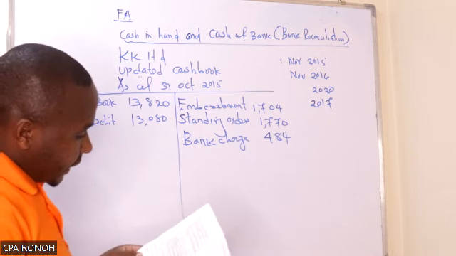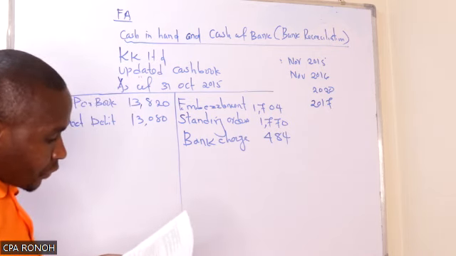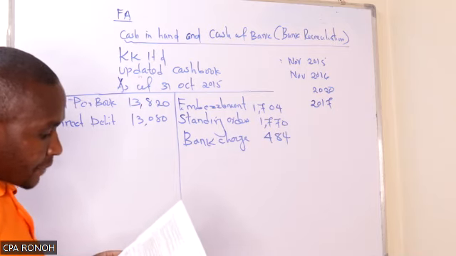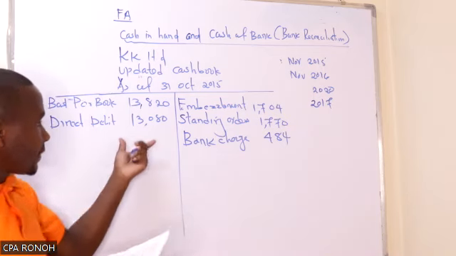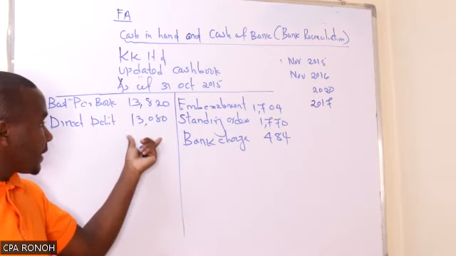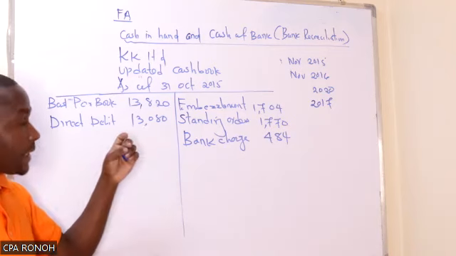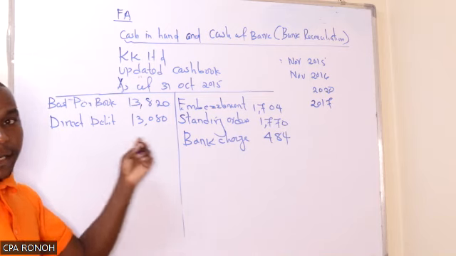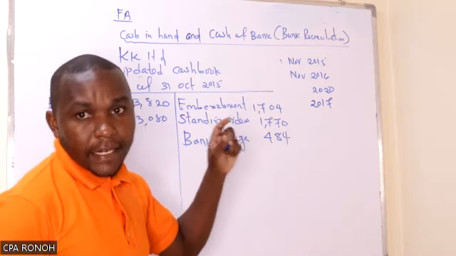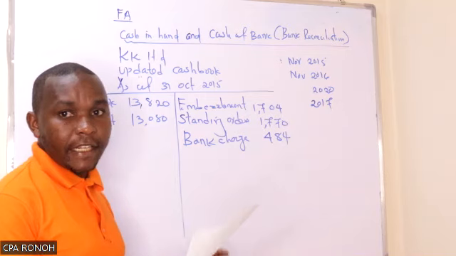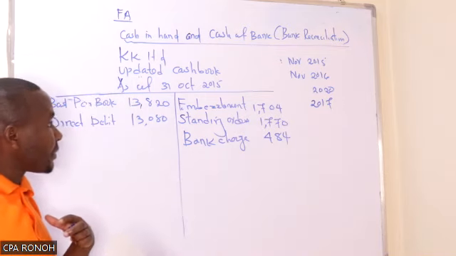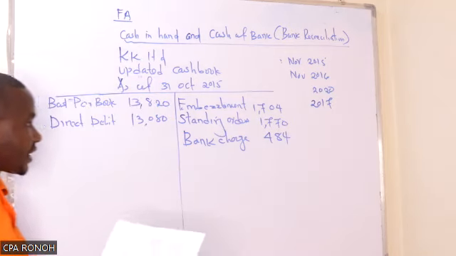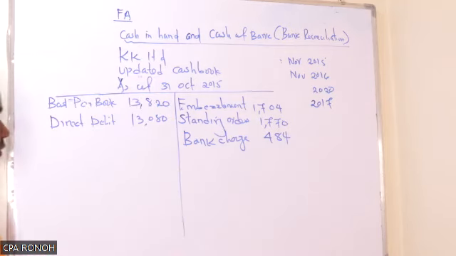We go to note number 7, a check from a debtor for an amount of 1.446 million was returned by the bank stamped account closed. So we have already received this amount in our cash book. We debit the cash book, that is bank, and credit accounts receivable. That is the double entry in our books. But now the bank says this check is not valid, the account is already closed.